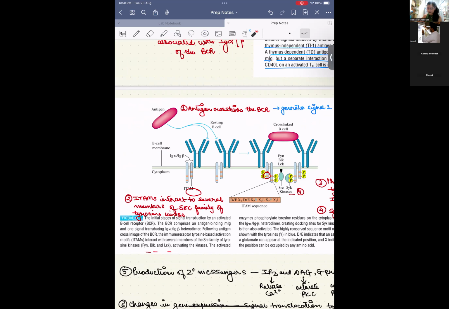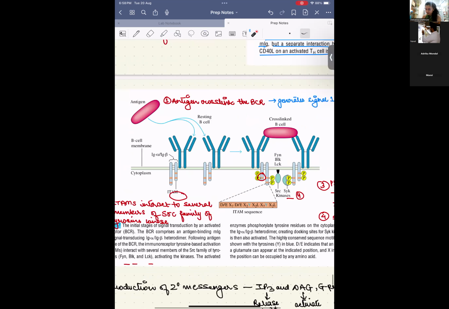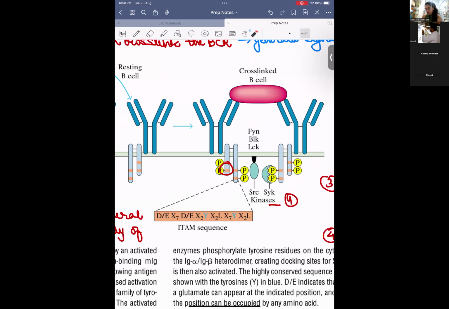So just some names: SRC is a family of tyrosine kinases. Essentially, a kinase is going to add a phosphate. Because of this cross-linking, they interact with SRC family tyrosine kinases, and phosphate molecules are added to the tyrosine residues in the ITAM sequence.